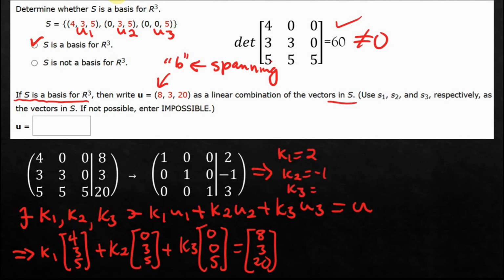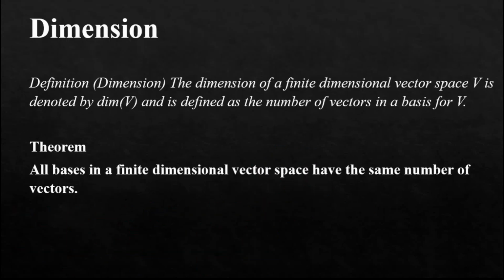K sub 3 is equal to 3. So I can write this vector u as 2 times u sub 1 minus 1 times u sub 2 plus 3 times u sub 3. Isn't that a daisy? Pretty cool stuff.